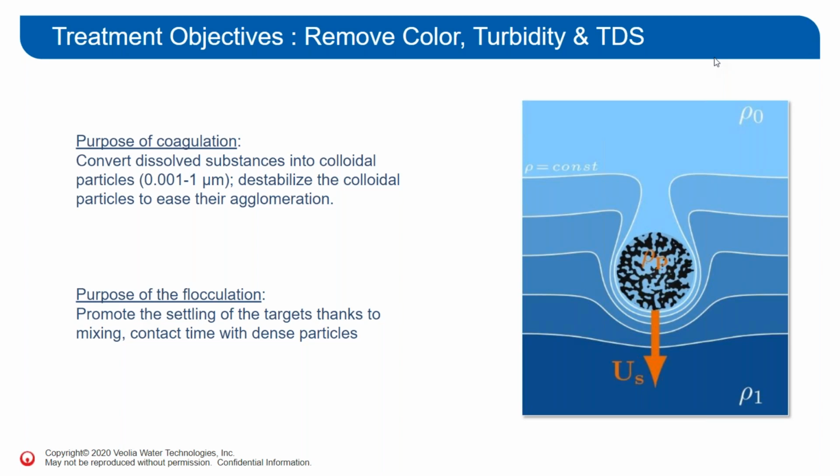The first half of the coagulation leads swiftly to the flocculation half of that backbone, and flocculation is where those particles really become dense thanks to the ballast of the microsand.